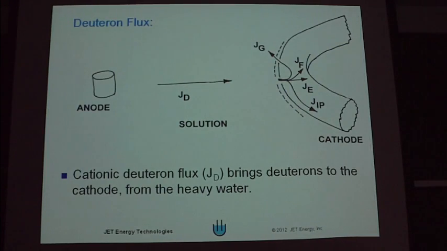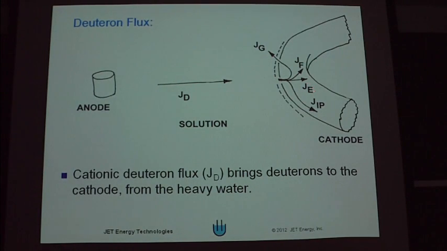Now, let's analyze for a moment. It's MIT. We've got to have one equation, I guess, at least, of what's going on here. So we're going to talk about deuteron flow between the anode and the cathode, which is over here. The flux of deuterons brings from the heavy water solution all of these deuterons in a cathode fall in front of the cathode. From there, we could have it enter the metal.